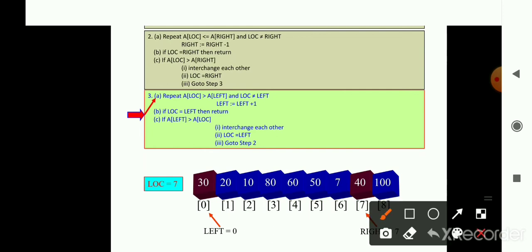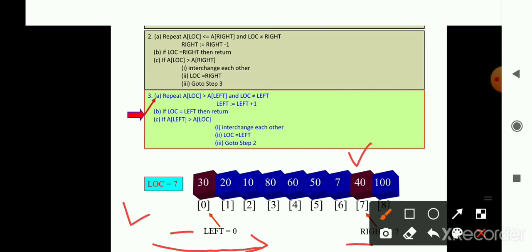So the right hand side is now 40 and the left hand side is now 30. Now if our pivot is at the right hand side, we have to go for searching the element from the left hand side, and from the left hand side we are going to search for the larger element.